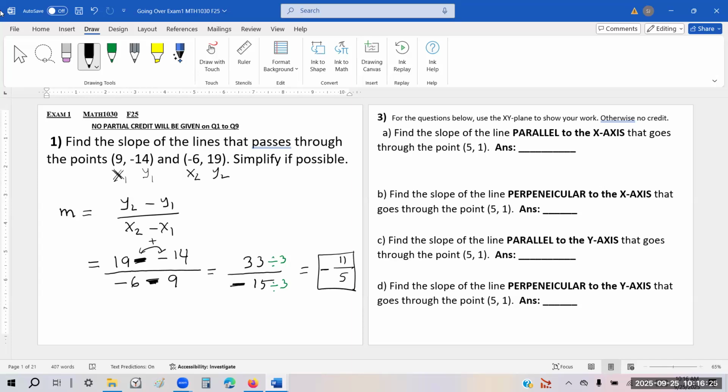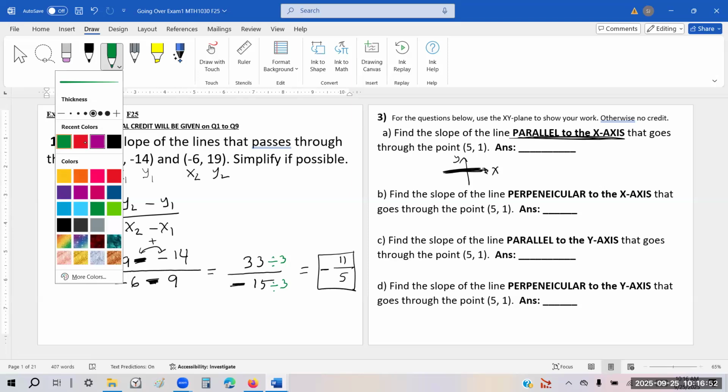Okay, the second set is actually the easiest question in this exam. You don't need to do any math. All you have to do is draw your xy plane. So this is your x, this is your y. The first question says find the slope of the line parallel to the x-axis. So if you know this is your x-axis, you know that its parallel line has to be another line just like your x-axis.